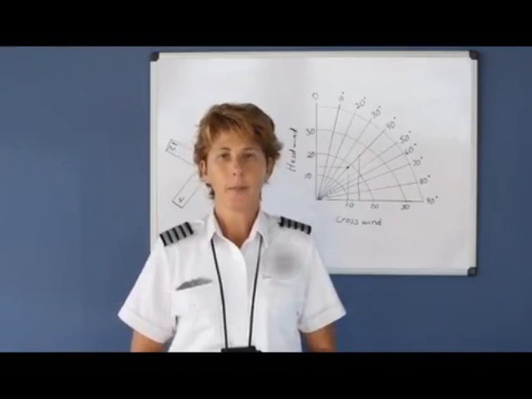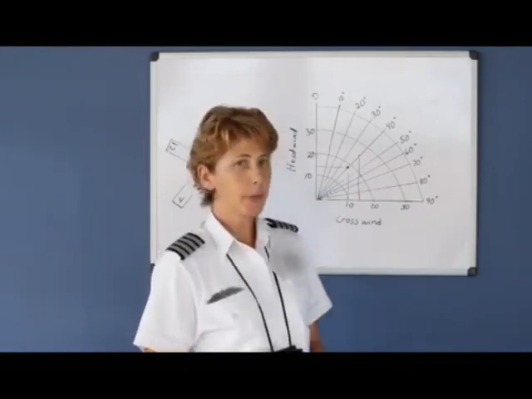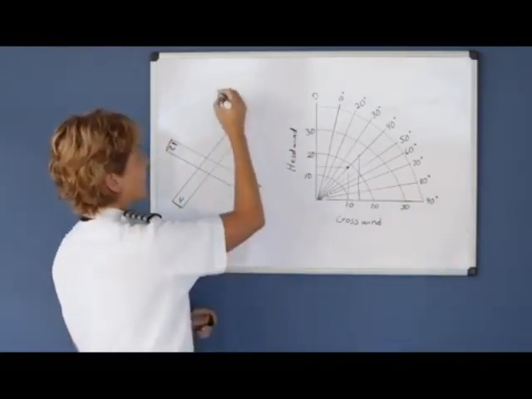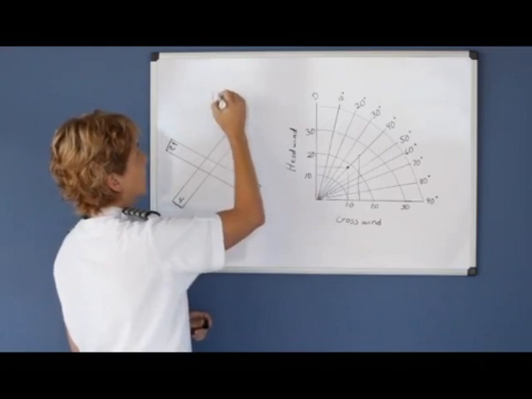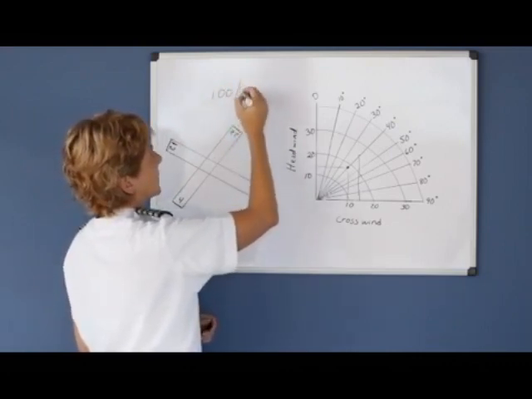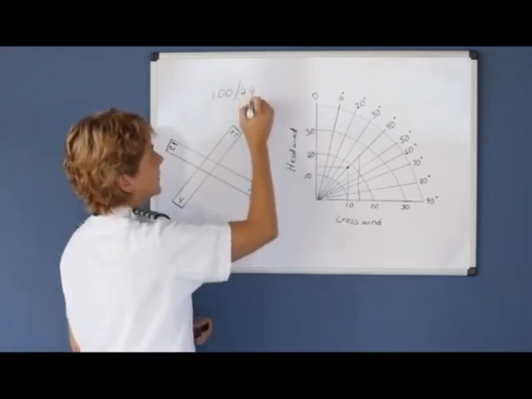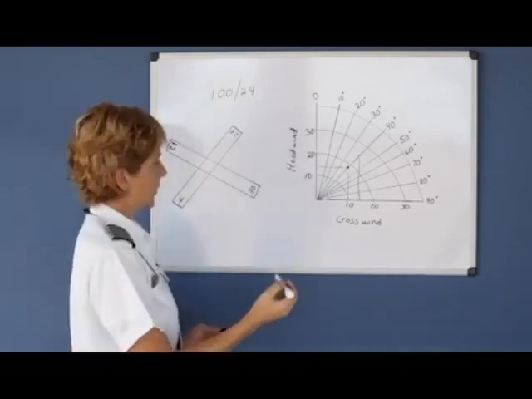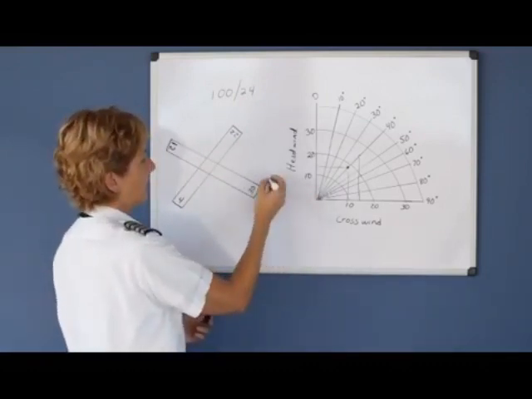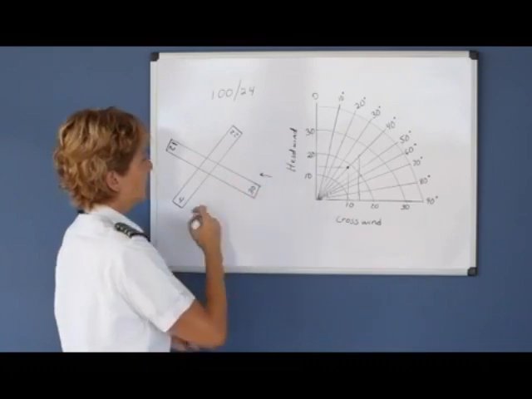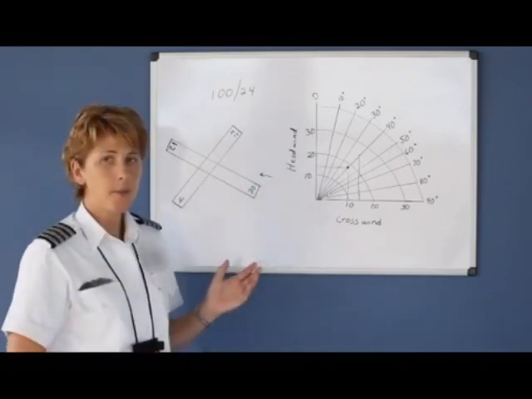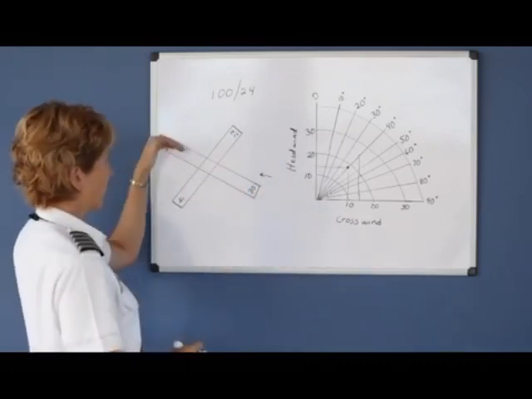Let's look at one more example just to make sure that you understand how to do this. Let's say, for example, that the winds were out of 100 at 24 knots. Well, if the winds are out of 100 degrees, they're coming from about this angle here, and in this airport diagram, the most logical runway would be runway 12.